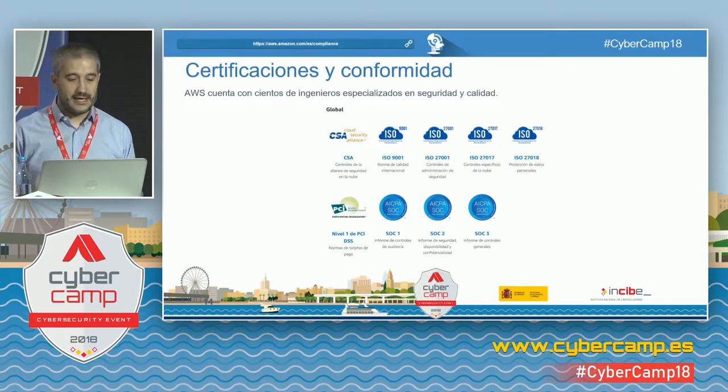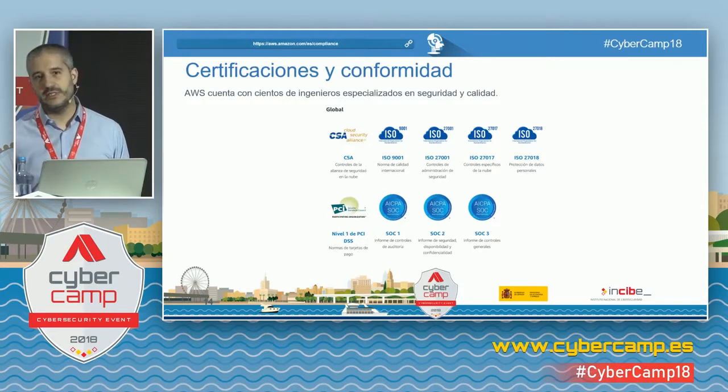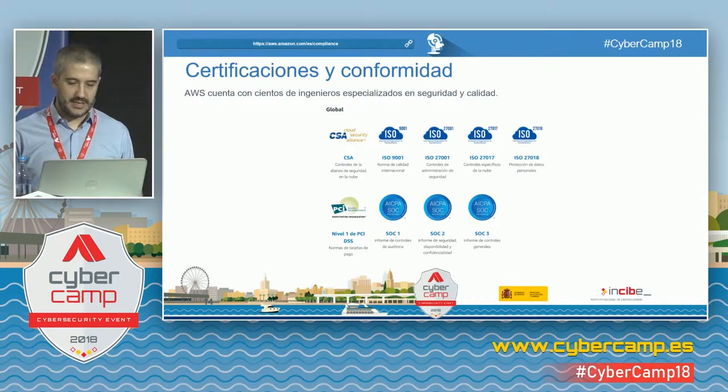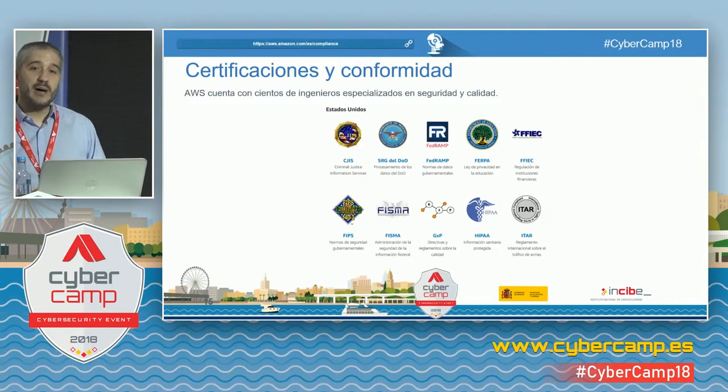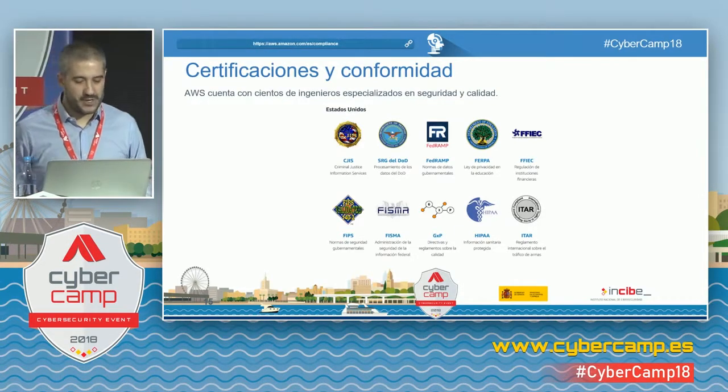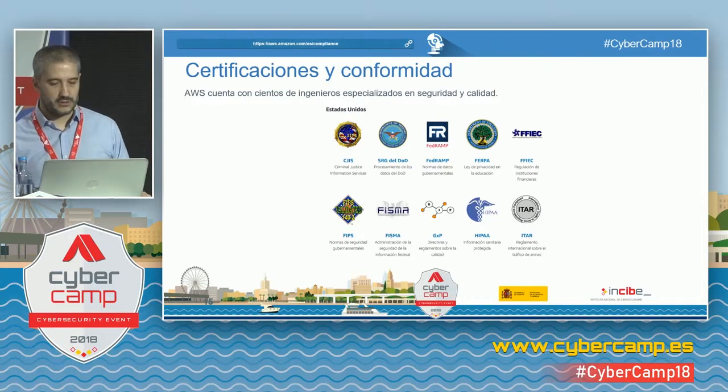Globally speaking, that would include Cloud Security Alliance, different ISOs that have to do with the cloud environment, different certifications that are important in the US as well. For instance, I often work with banking or healthcare. HIPAA is important there.